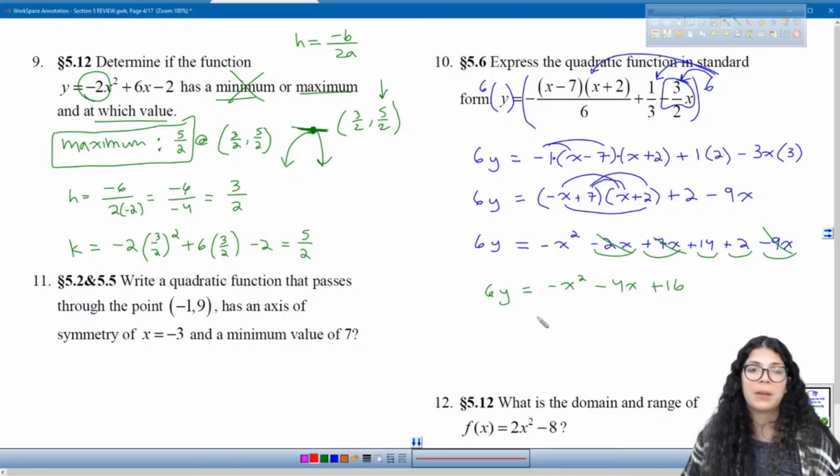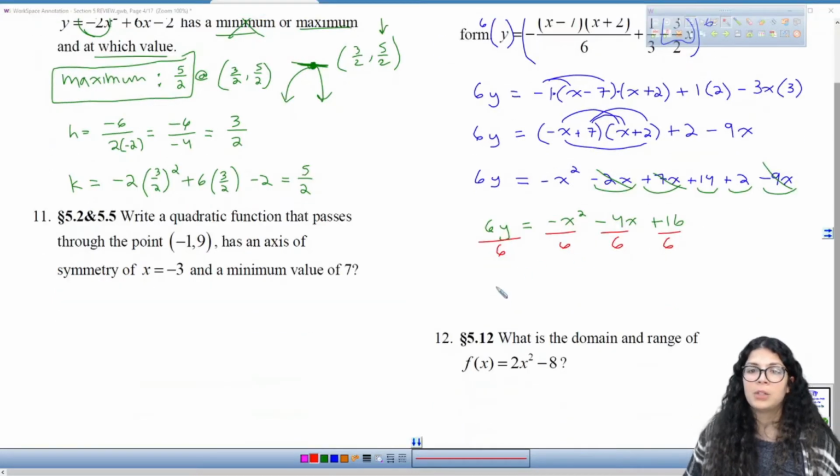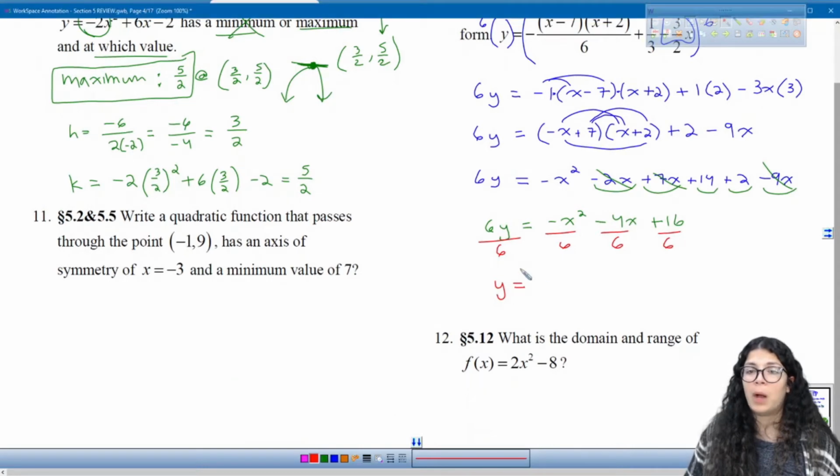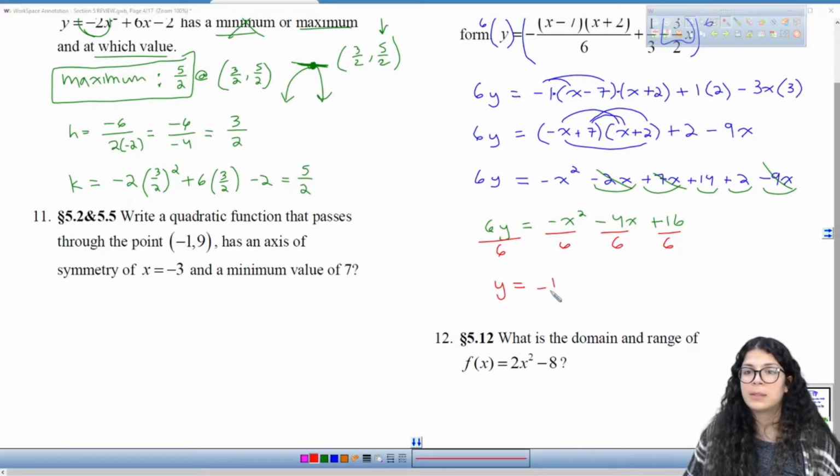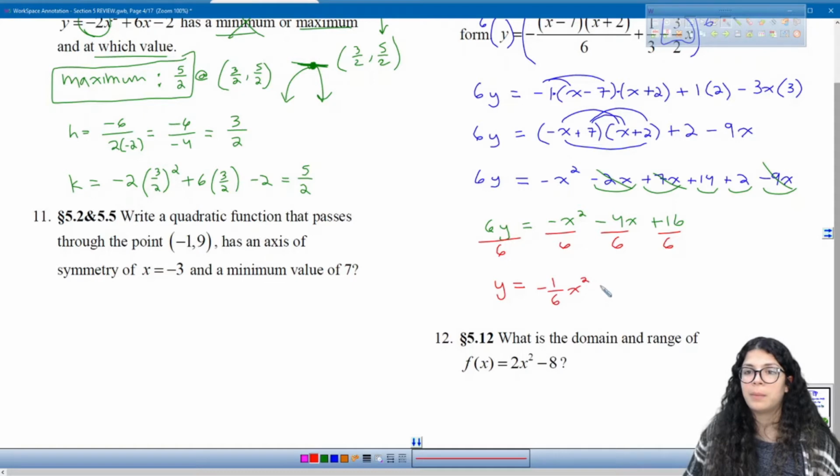So the last step here is just to divide everything by 6. So we get our final standard form, y equals negative 1/6 x squared minus, simplify the fraction, 2/3 x, simplify the fraction by dividing 2 on top and bottom, plus 8/3.